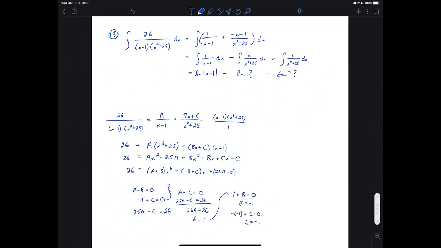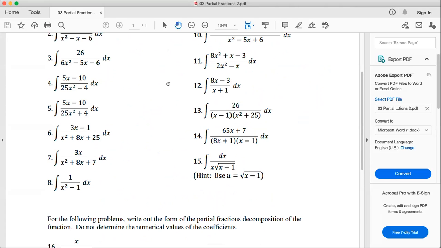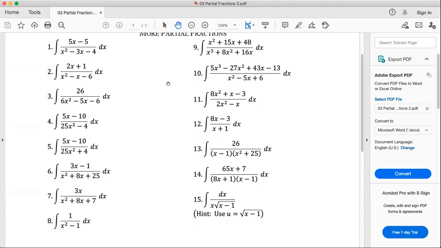Somebody in chat, Lauren, is asking, I don't understand when to use partial fractions and when not to. Let me show you this worksheet, and if anybody still needs to see this work, I'm happy to pull it up again. Partial fractions should be used when you have rational expressions, meaning a polynomial over a polynomial. Does that make sense to everybody?